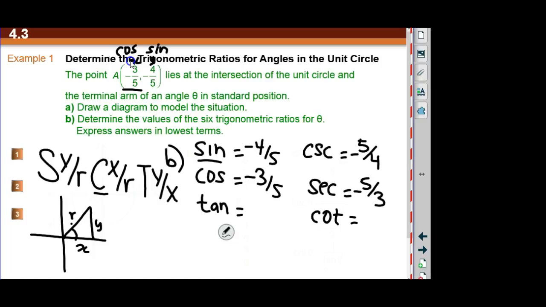Okay, so if we think of these again as x and y points, this being x, this being y, then we should be able to find out what tan is, because tan is your y over your x. So if tan is y over x, then we would be putting minus 4 over 5 divided by minus 3 over 5.